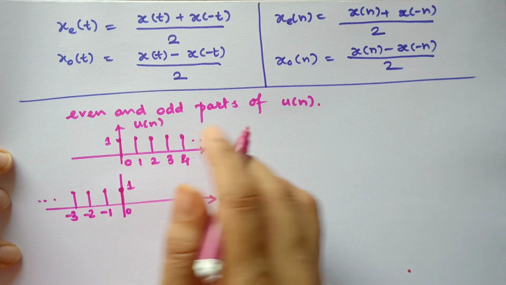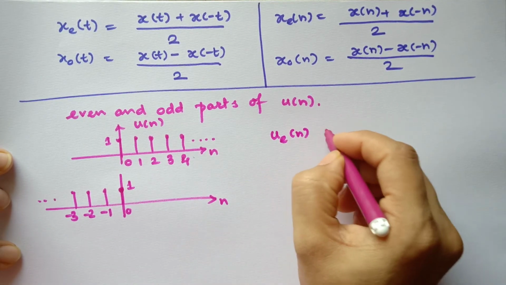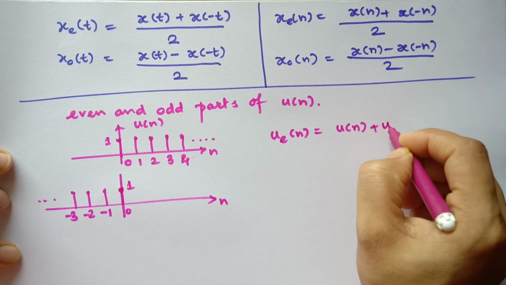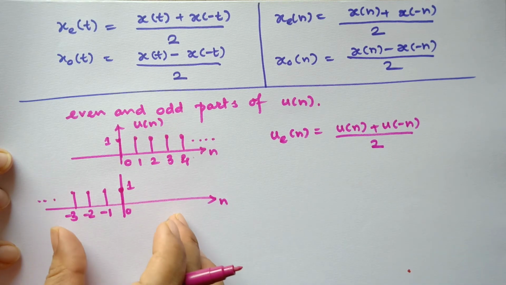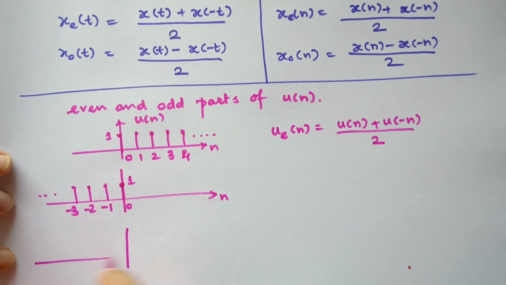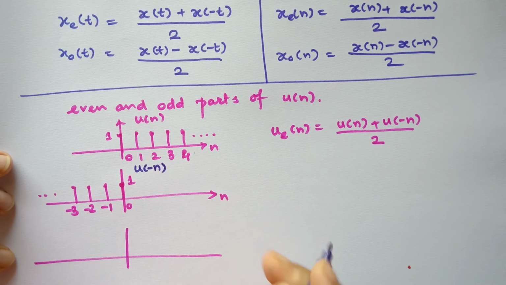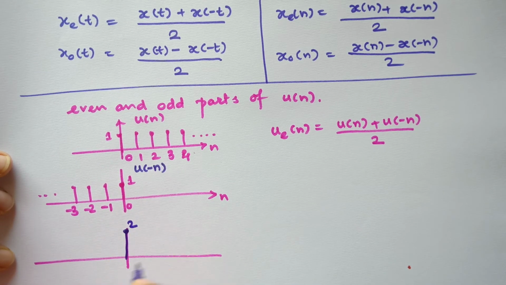Now for finding u even part of n, we have to do u of n plus u of minus n divided by 2. So add these two signals. This signal is u of minus n, so we want to add these two. This one plus this one, so the sample at 0 is 2.